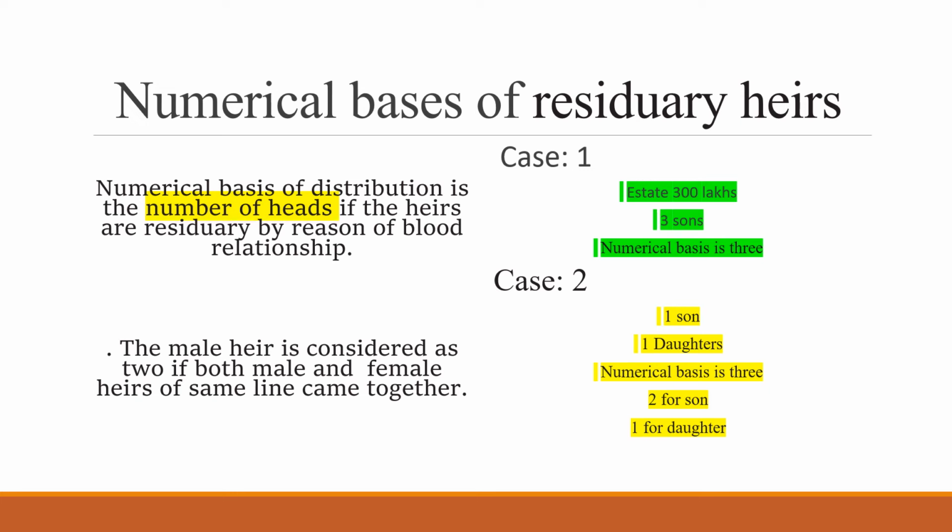So definitely it is a just decision to give the men double of the female. This is the way to find the numerical basis of residuary heirs: the number of their heads.